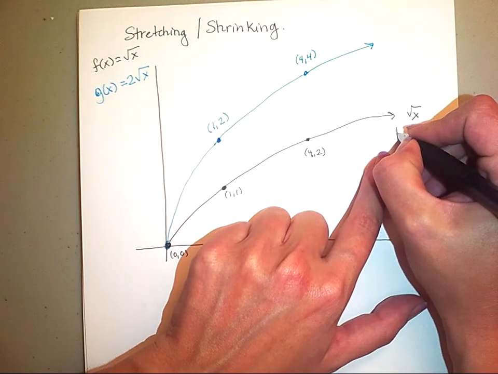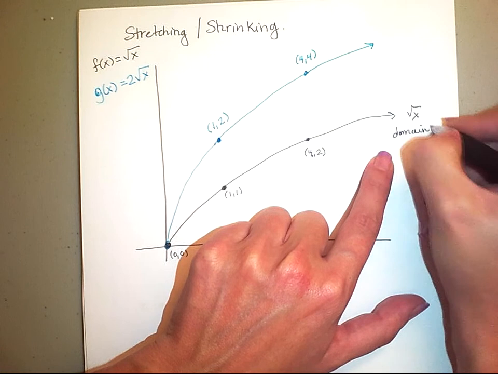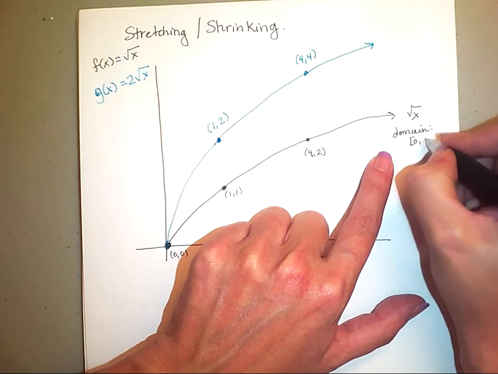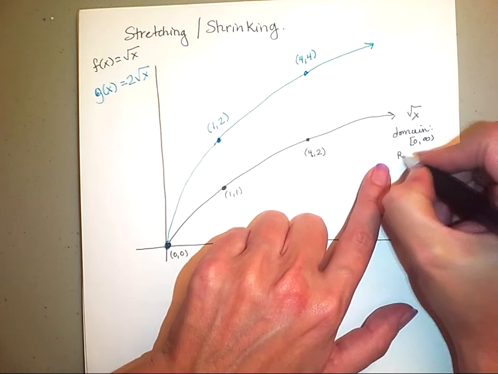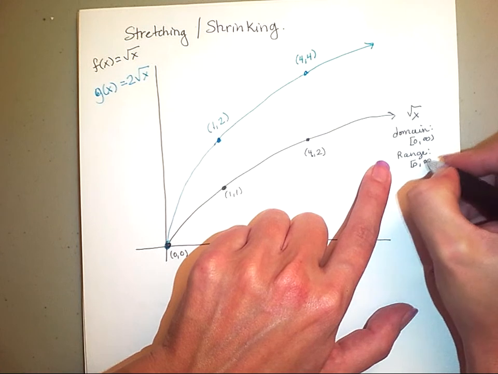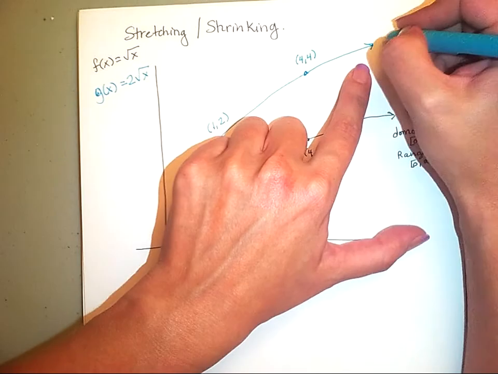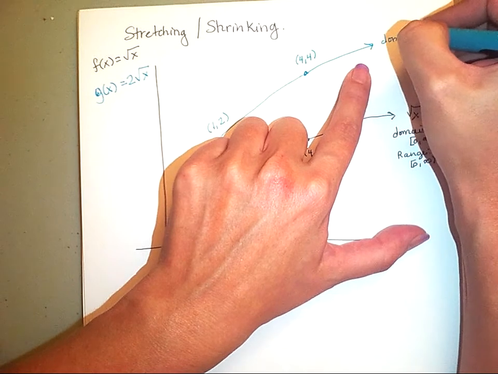And I guess we should make note of the domain here. Again, our domain goes from 0 to infinity, and our range goes also from 0 to infinity. In this case, the domain and range has not changed.